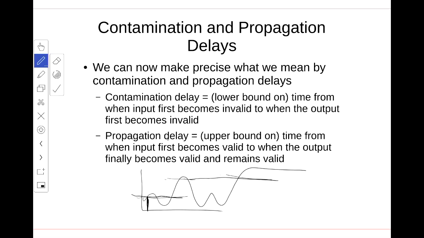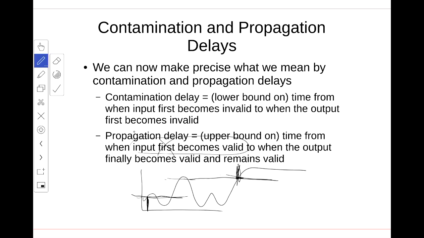I should actually rephrase this here. That's a bit confusing. So you have to wait until the input is valid and stays valid. Give me time to think about it. That either needs to be rephrased or is just wrong. You wait until the input is valid and stays valid, and from that point in time, you start your stopwatch.